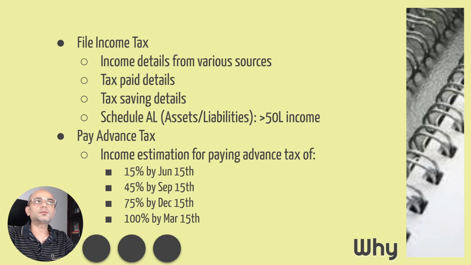If not, if you have other income sources, then you need to pay the advance tax at least 4 times in a year, to cover at least 15% of the tax by June 15th, 45% by September 15th, 75% by December 15th, and 100% by March 15th. If you don't pay the advance tax, then you have to pay penalties and interest.